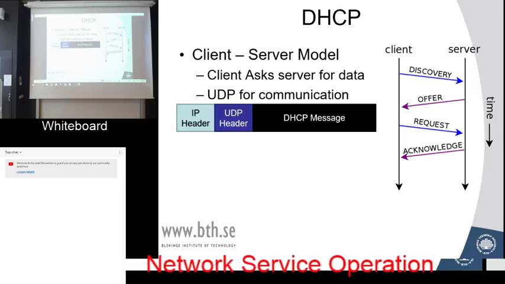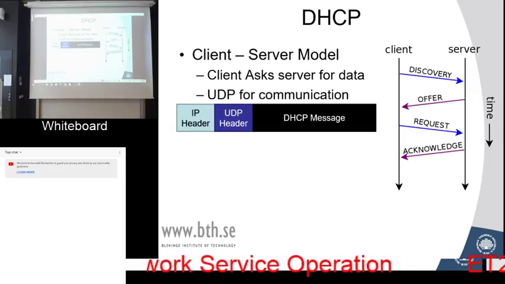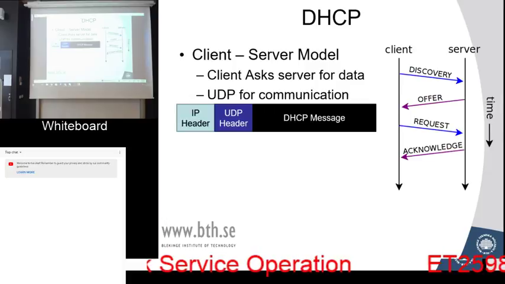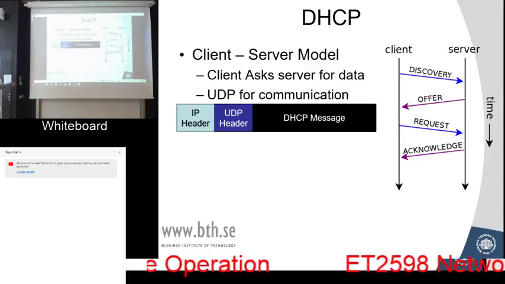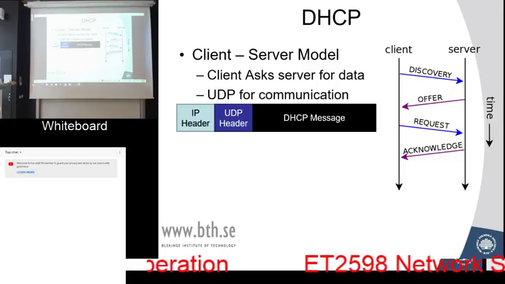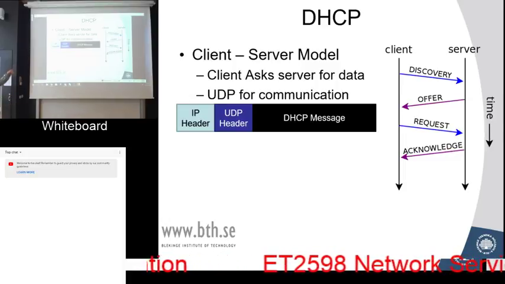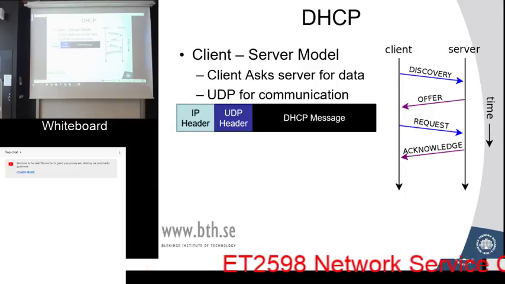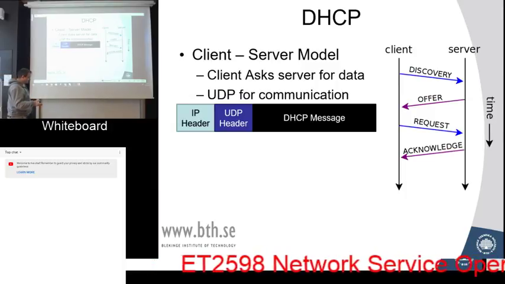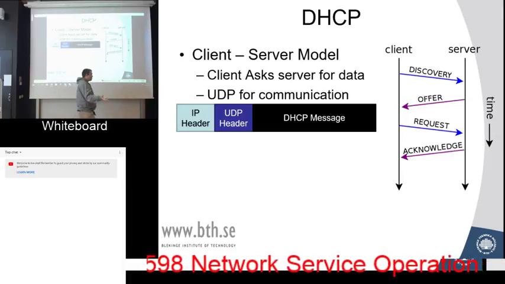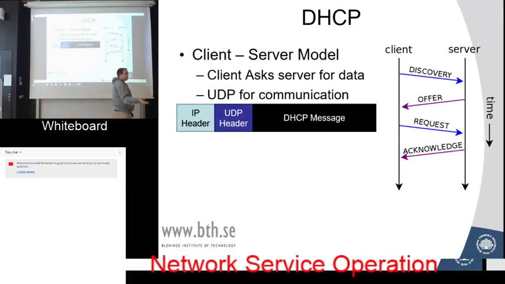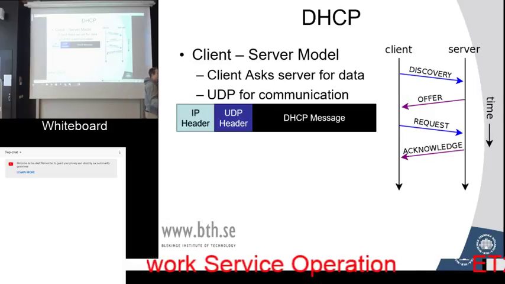The client sends a broadcast because it doesn't know the IP address of the server. So it says, hey, I want to discover a DHCP server. At this point it doesn't really know what network it is on.